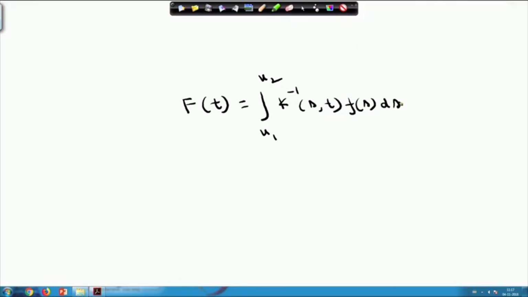This will be a function of s and t, and ultimately you are integrating over s, so that it will be a function of t. In the earlier one, K was a function of s and t, and you were integrating over t. Therefore, we define this as the inverse kernel K inverse, and from there also we can find this f(t).